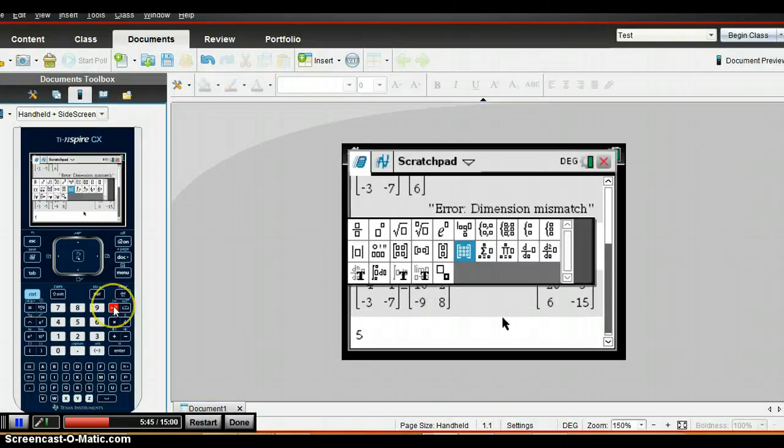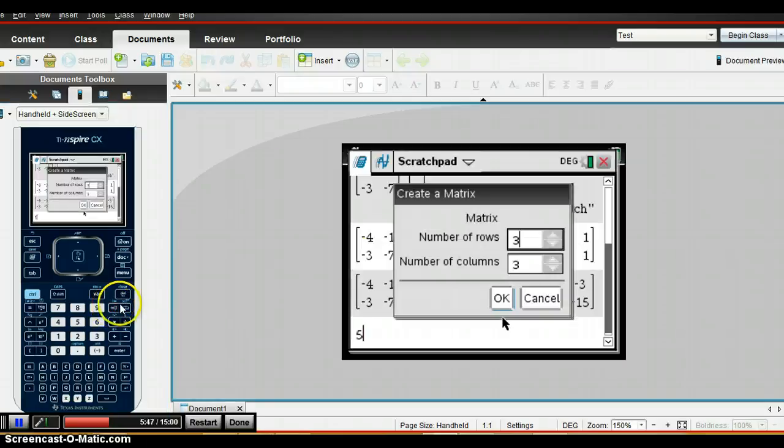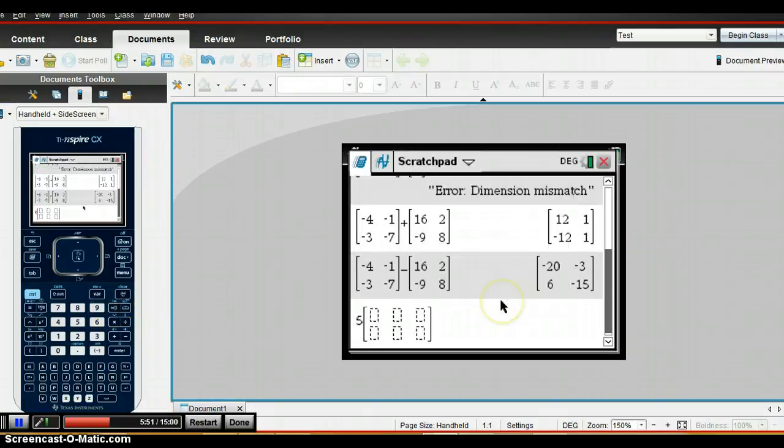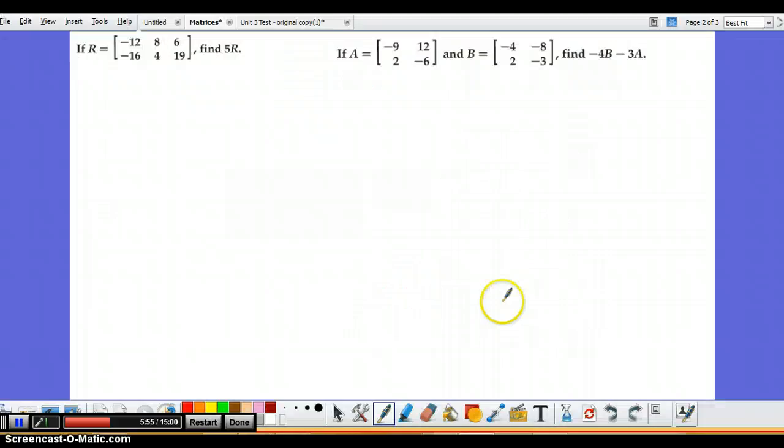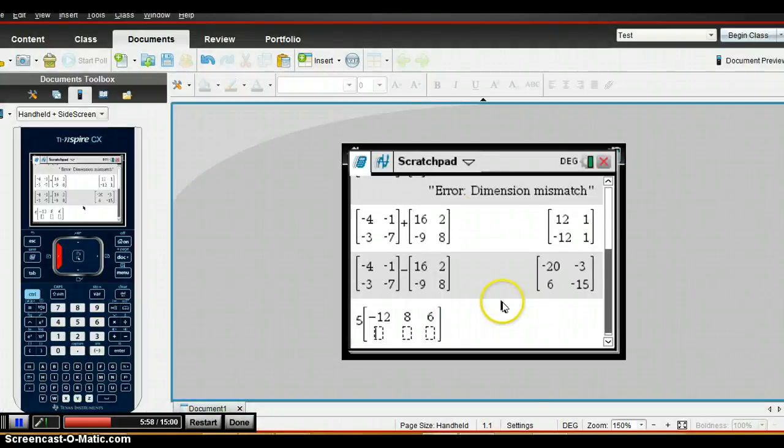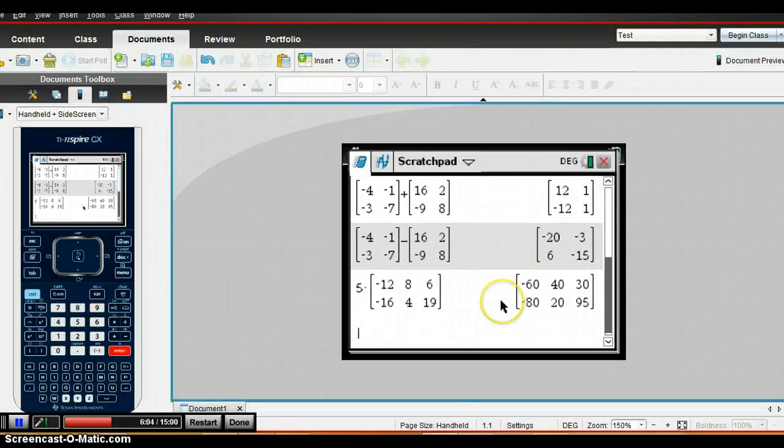So we come over here, we want a 2 row, 3 column matrix. So that's negative 12, 8, and 6, negative 16, 4, and 19. And we get negative 60, 40, 30, negative 80, 20, 95.